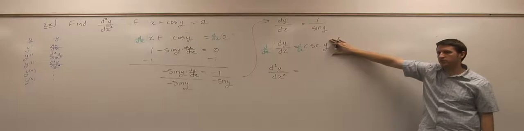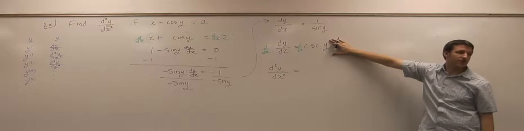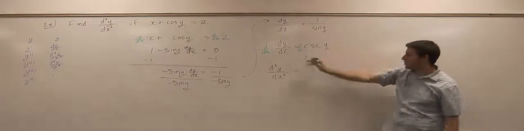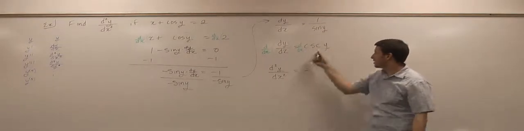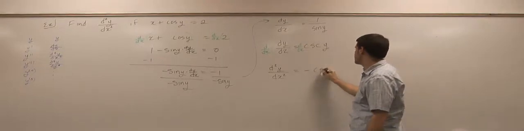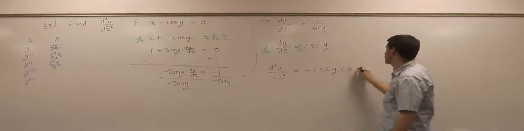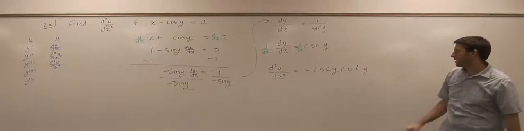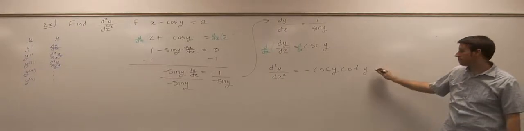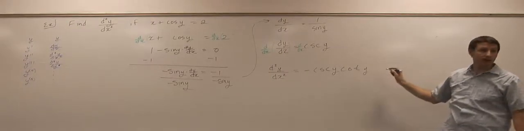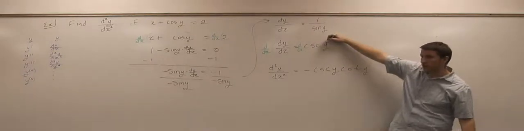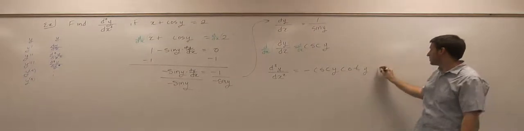So what's the derivative of cosecant? Negative cosecant cotangent. Remember the cofunctions always pick up a negative, and then cosecant is going to be itself again, but it also picks up a cotangent. And then times dy dx, because there's an inside function of y, so you multiply by the derivative of the inside.